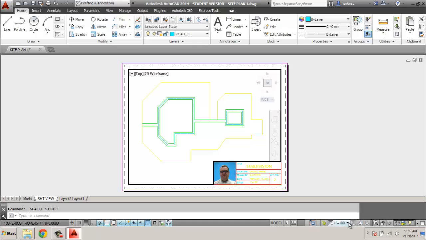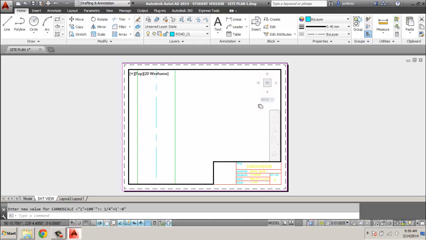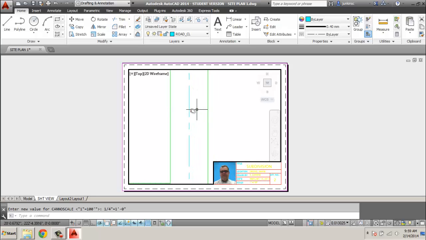If I wanted to see what this looked like at 1/4 inch equals a foot, we'd see that it disappears right off the screen because it's zoomed in so much. We wouldn't even be able to see it. I could probably move things around. There's a piece of road. That would be a 16-foot wide road. So this distance from here to here we know is actually 8 feet.